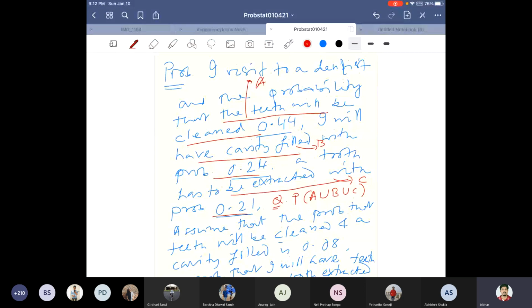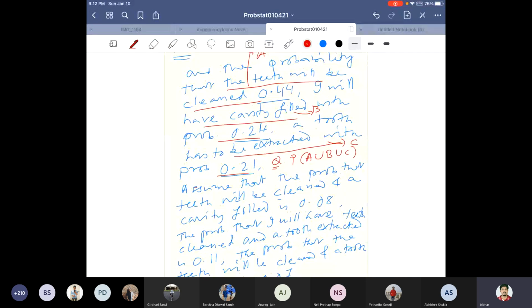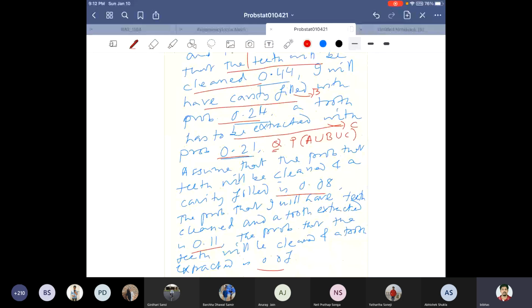That means I'm asking for the probability of A union B union C. I can find this using that formula, provided I have some additional information, like the probability of the intersection of these things. If I have all this information, I can calculate the value of this number. So I was just giving you an example.